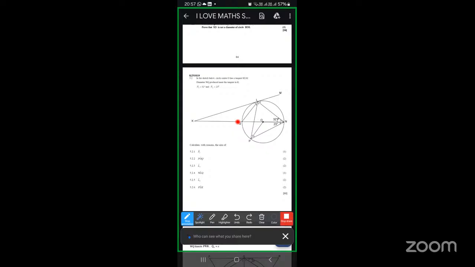5.1.2, which is find the size of angle POQ. How are we going to find it? We already have this angle. This is the triangle. We can find this angle PON by saying angle PON plus angle N2 plus angle P2 is equal to 180 degrees.